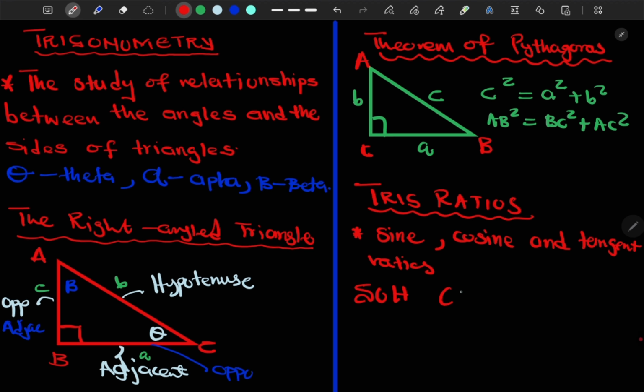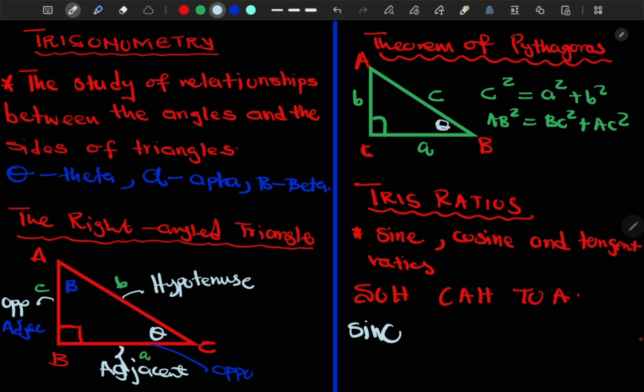Okay? You can best summarize them as SOH CAH TOA, which sounds like soccer tour. We're going to use the right-angled triangle above. What does soccer tour mean? It means sine. In this context, I'll put theta here.